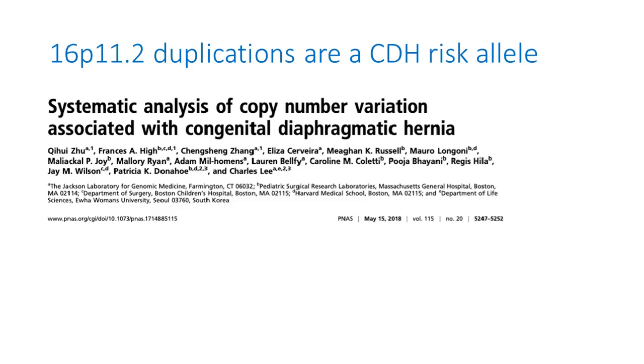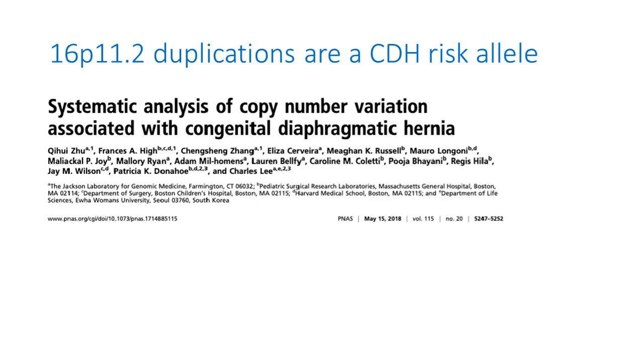The second case that I want to talk about is a case in which we used Bionano technology to try and understand a complex structural rearrangement in a part of the genome that's challenging to study. We identified that duplications at this locus, 16p11.2, are a CDH risk allele, and this was published back in 2018.